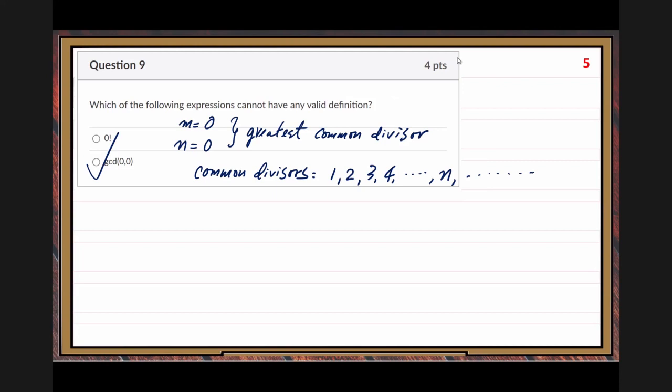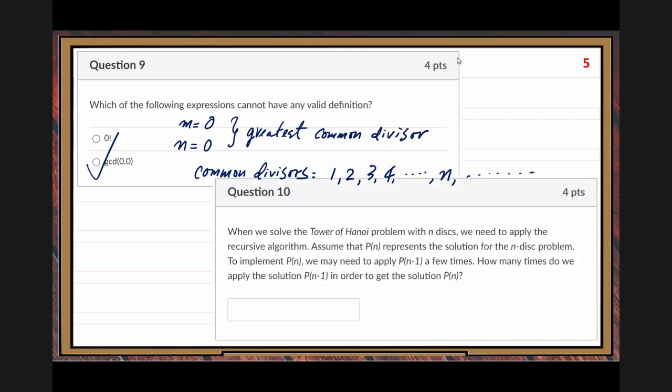Last question here. When we solve the Tower of Hanoi problem, we need to go back to the procedure. We apply it twice, right? First, apply the first time, we solve the n-1 disk problem, then move the bottom disk to the destination pad.